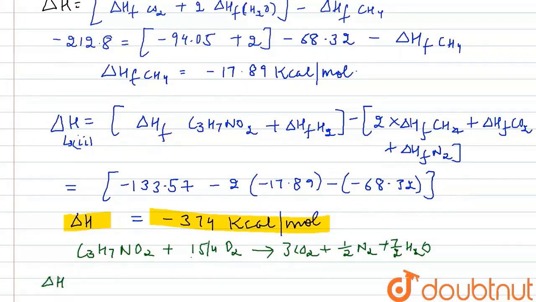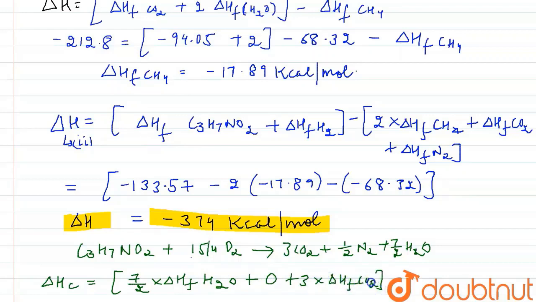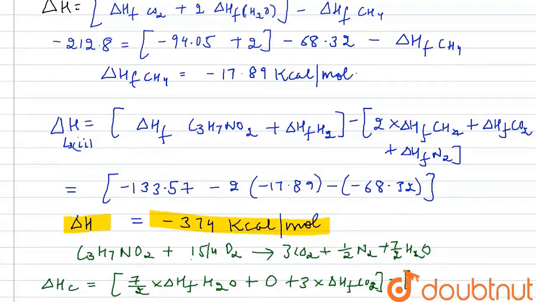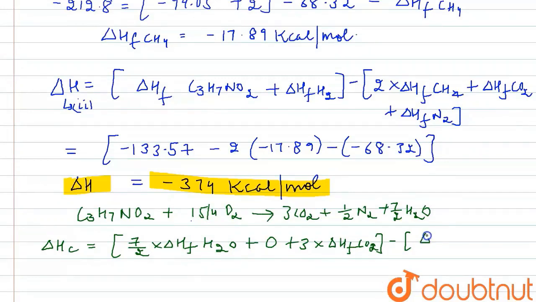The delta H of combustion, that is delta HC, will be equal to what? Going to write down all the values. 7 by 2 into the enthalpy of formation of H2O plus the N2 value is 0, so write down 0 directly, plus 3 into the enthalpy of formation of CO2 minus the enthalpy of formation of C3H7NO2.